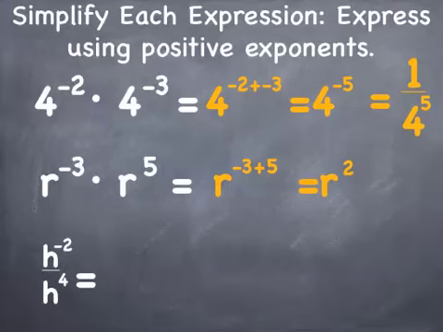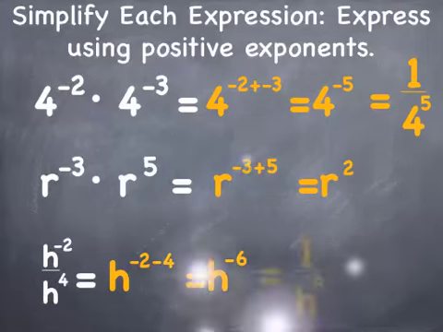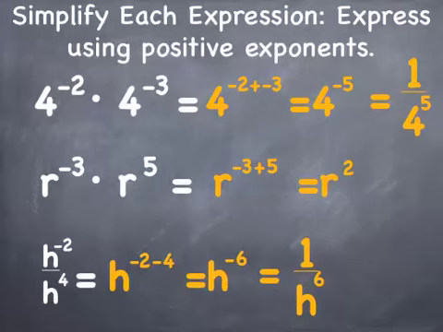The exponent in the numerator, or on top, minus the exponent on the bottom, or in the denominator. So this would be h to the negative second minus 4. Negative 2 minus 4 is negative 6, so I have h to the negative sixth power. I need to write that using a positive exponent, and I do that by writing it as 1 over h to the positive sixth power.